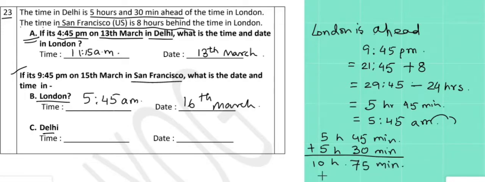So 75 minutes again breaks down as 1 hour and 15 minutes. So that's why 11:15 a.m., because it is not crossing 12 hours, and the date is the same, that is 16th March.